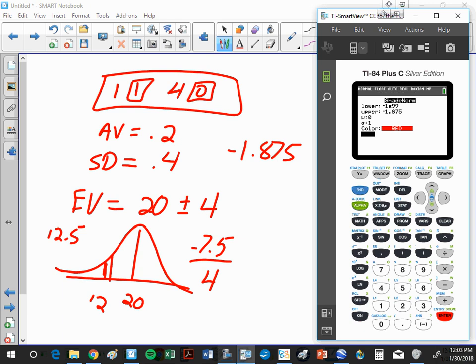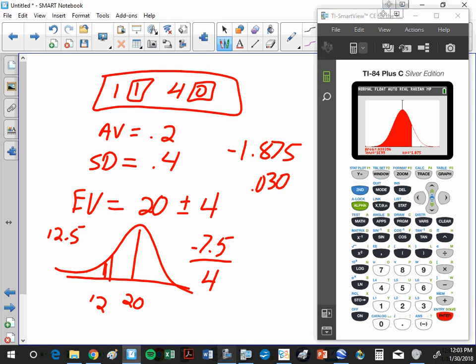And that spits out a percentage for me, which is 0.030, which means 3%.